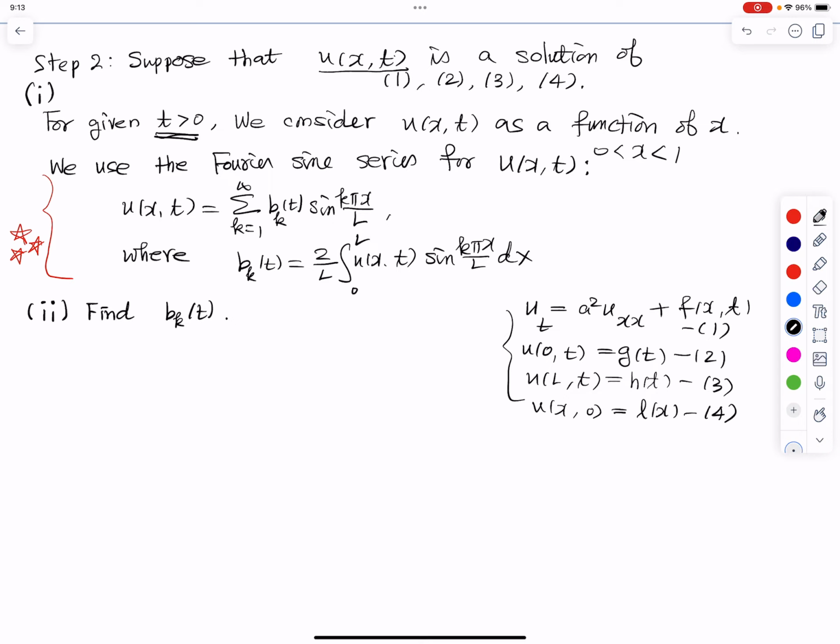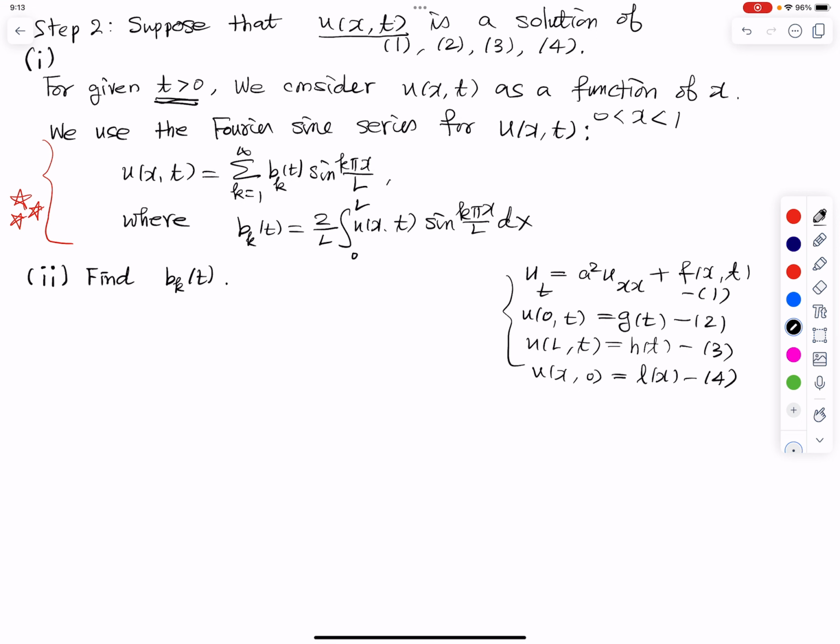So we need to find the b_k. Then we have to use equations 1, 2, 3, 4. Okay, so let's see. Then I compute b_k prime of t. So b_k is a function of t, and your integral is with respect to x, so the integration is independent of t.